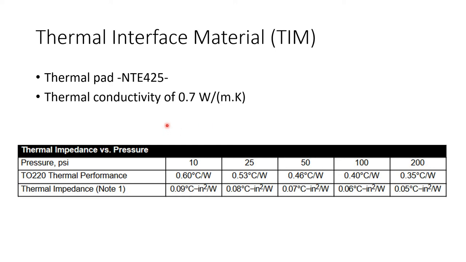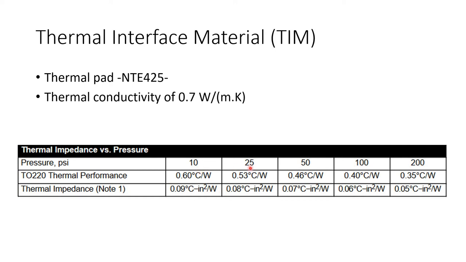In the datasheet of the thermal pad, a table is given. In general, a table is given for most of the thermal interface materials, because, as I said, thermal resistance depends upon the pressure that you apply on the material. In the datasheet, a thermal impedance versus pressure table is given for a TO220 package, which is the package that we are using in our case.